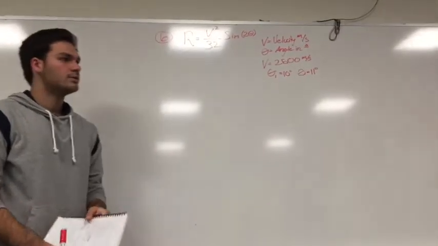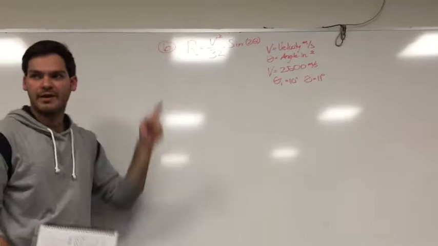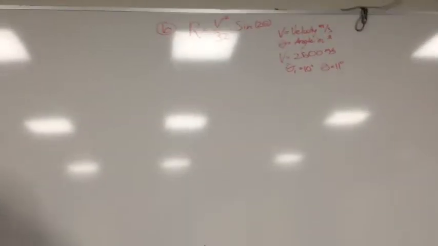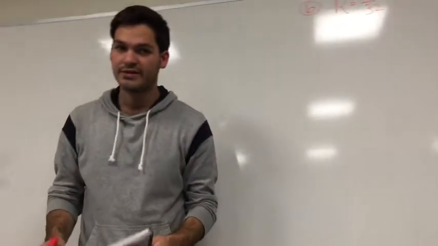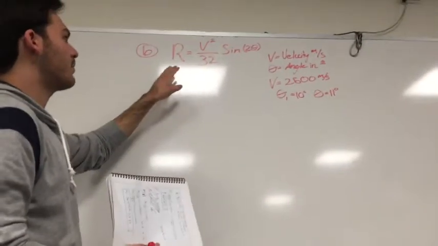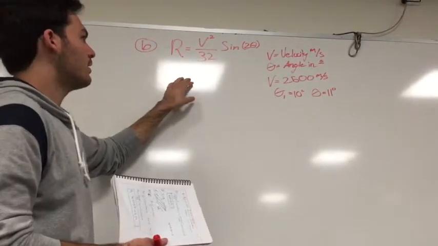So for letter B, they ask us to use the differentials to approximate the change in the range. What we have to do is get the prime of this equation.